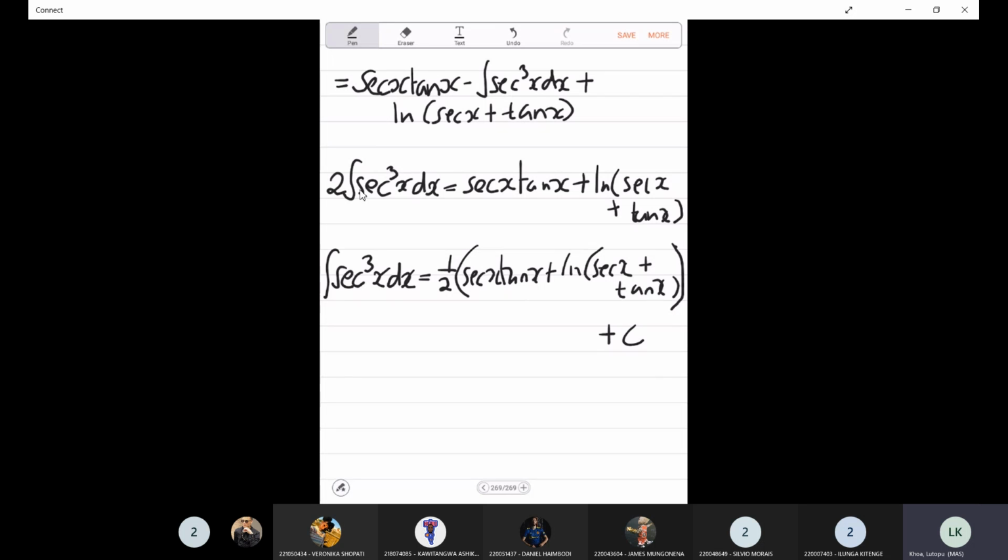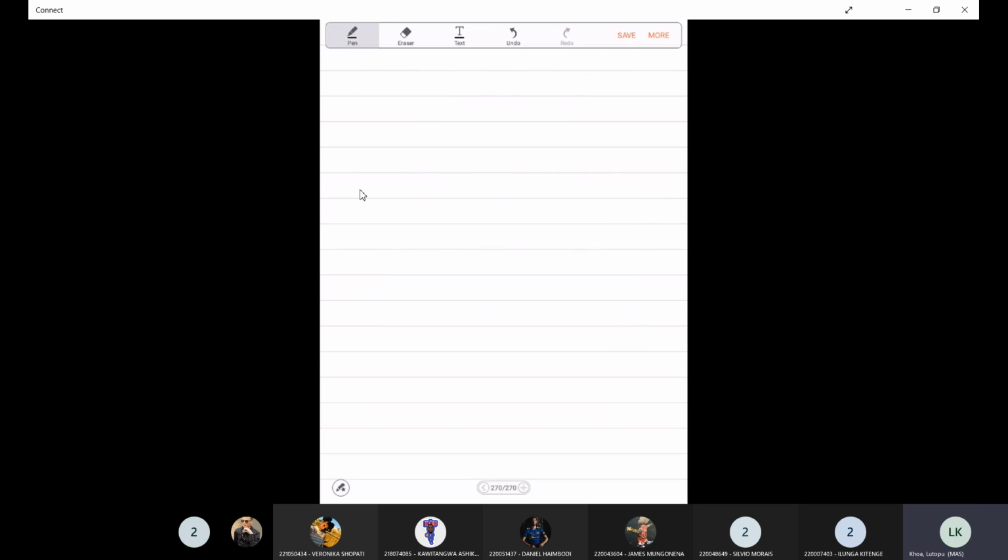And then that brings us to our topic for today, which is integration by means of partial fractions.